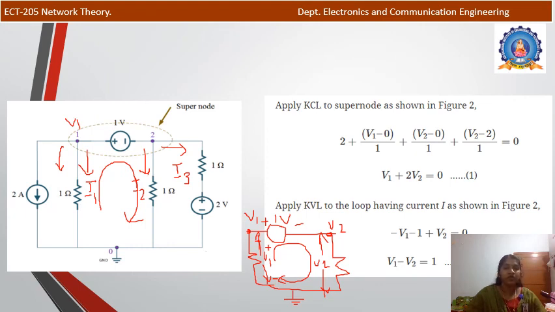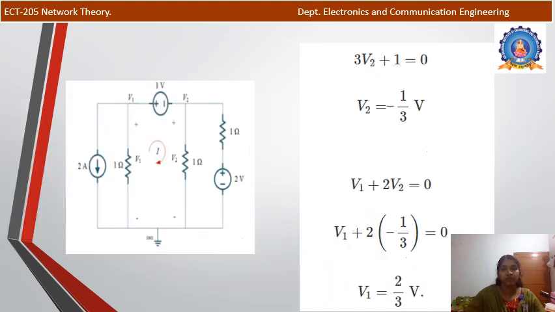We have two equations and two unknowns, so we can solve them easily, either by the substitution method or Cramer's rule or anything else.